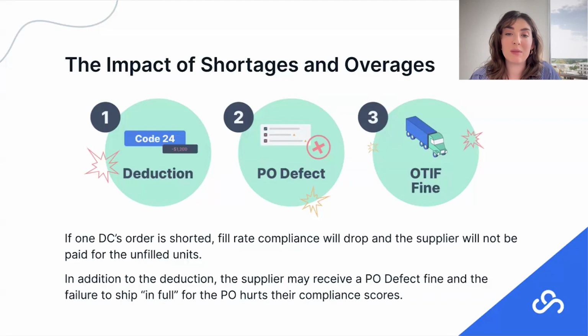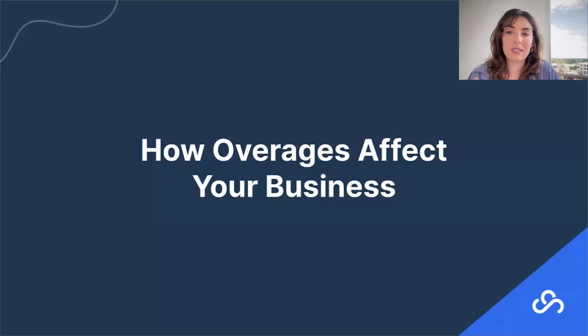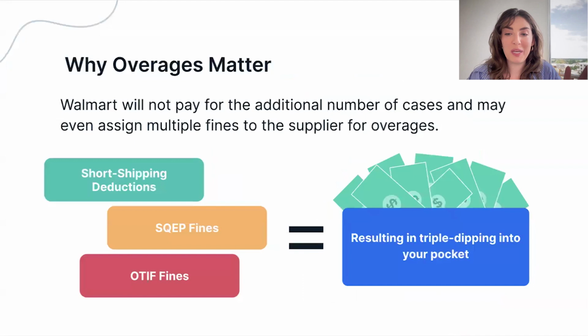We have seen suppliers get an overage fine in AP deductions, get hit in OTIF because they're not receiving those full units, and have a SQEP overage fine. So you really want to make sure that you are understanding where this is, nipping it in the bud as quickly as you can, and then also reapplying those learnings so it's not happening again, because this is on one PO level and it can be translated to whole invoices or multiple POs.